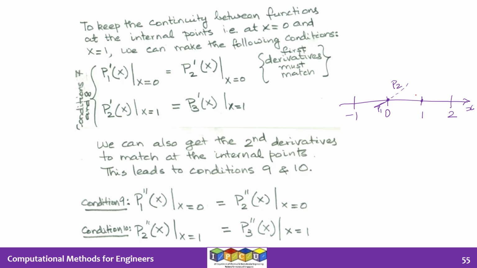Similarly, the slope at x equal to 1 for P2, so P2 is going to, let's say, come like this, should match the slope of P3, which is valid between x equal to 1 and x equal to 2. We want the slopes of P3 and P2 at x equal to 1 to match perfectly. We do not want P2 to end like this and P3 to start like that.